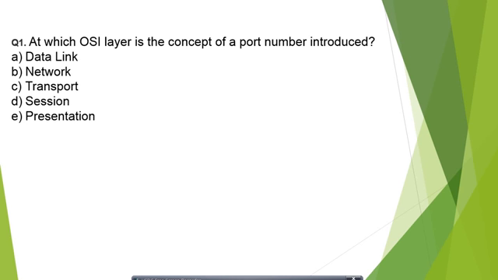So now we'll solve a question here itself. The question is, at which OSI layer is the concept of port number introduced? The options are data link layer, network layer, transport layer, session layer, and presentation layer.